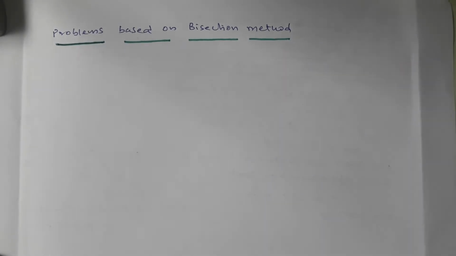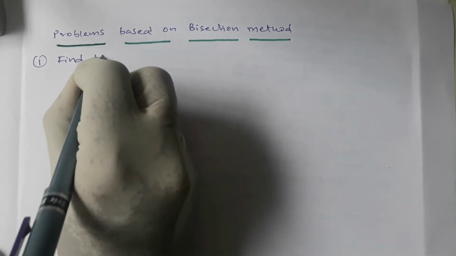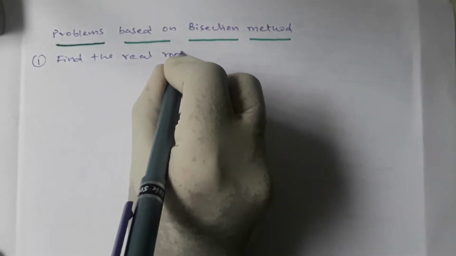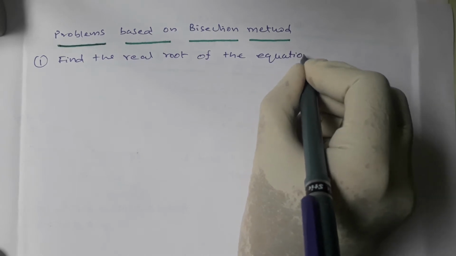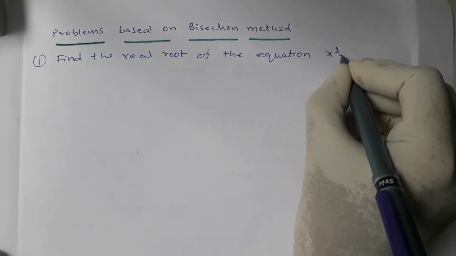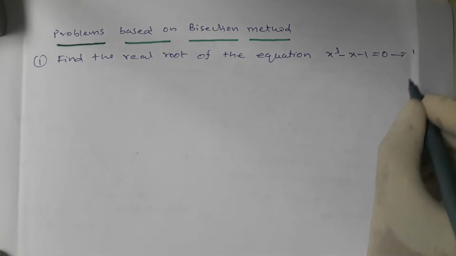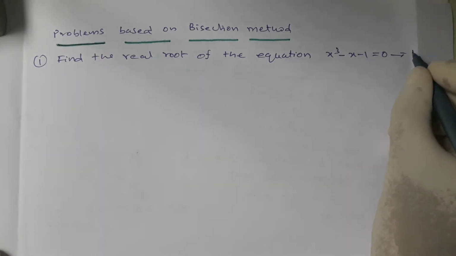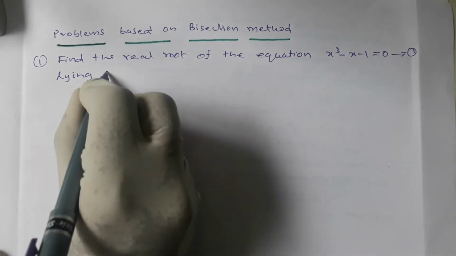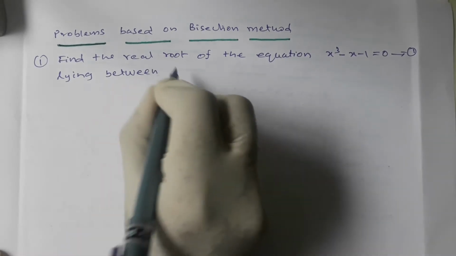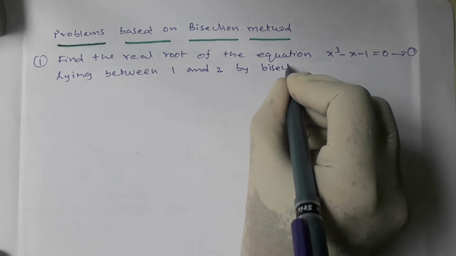So the first problem is: find the real root of the equation x cube minus x minus 1 is equal to 0, lying between 1 and 2, by the bisection method.